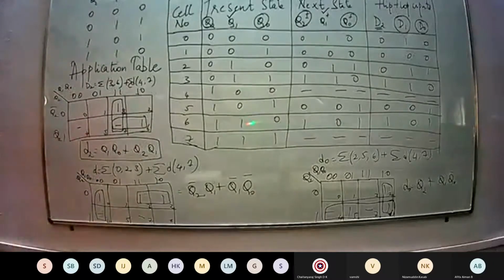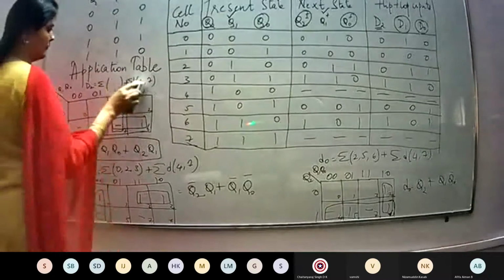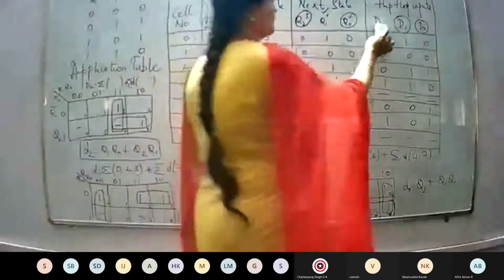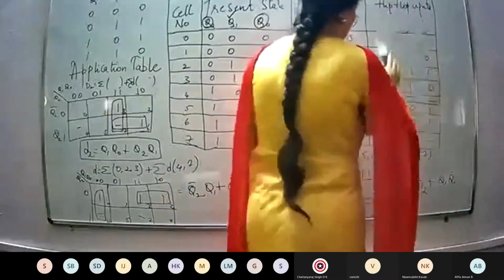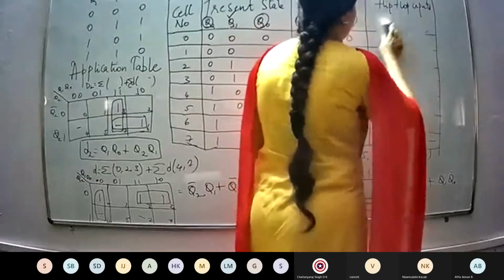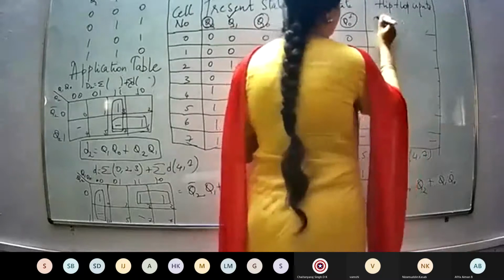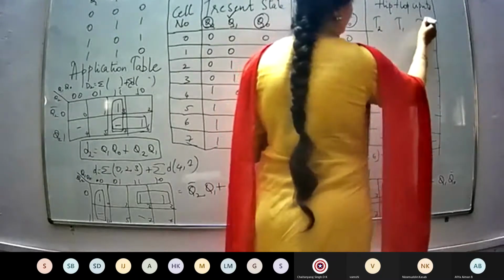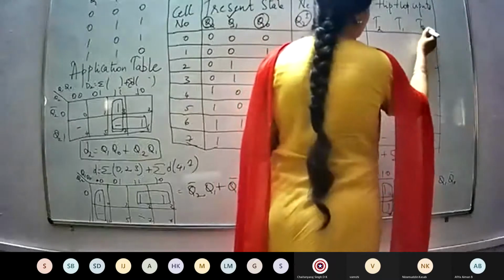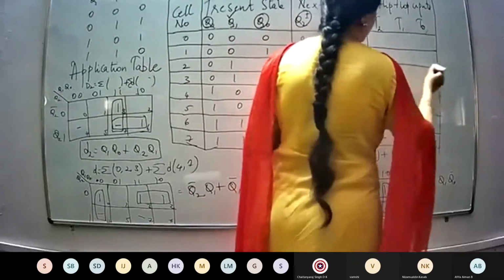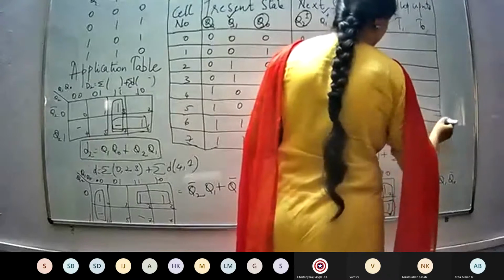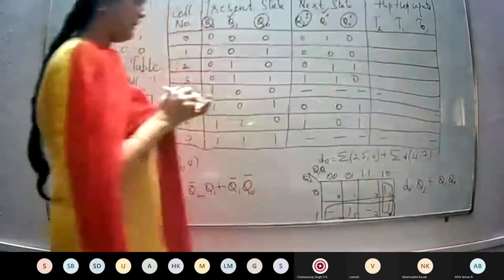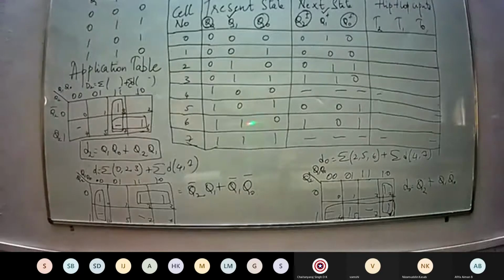So this is the application table. The same sequence, the application table will change, and hence your flip-flop inputs will also change.